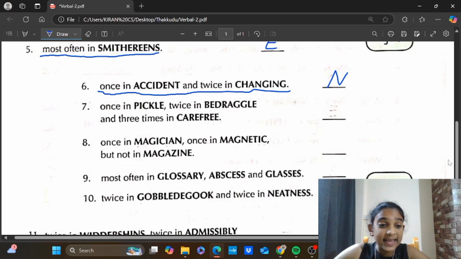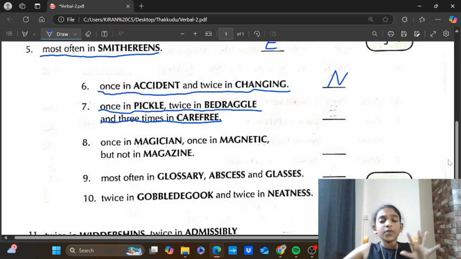The next question is once in the first word and twice in the second word and 3 times in the third word. Okay, so we need to find which letter comes once in the first word, which letter comes twice in the second word, and which letter comes 3 times in the third word.